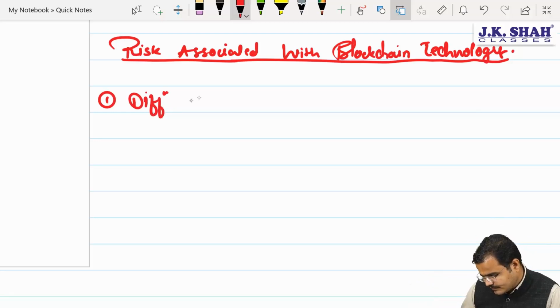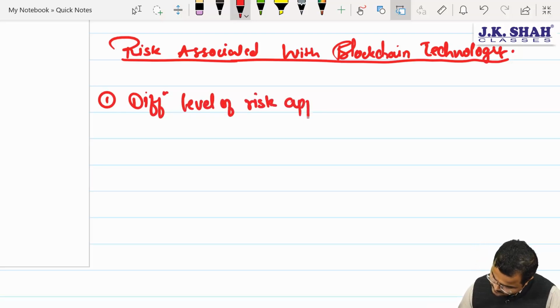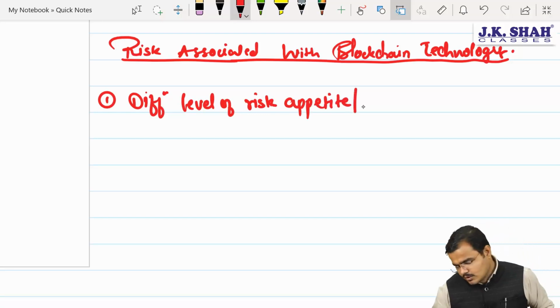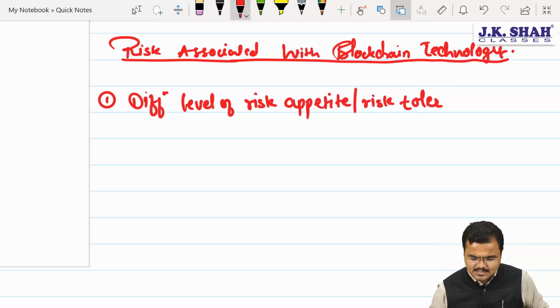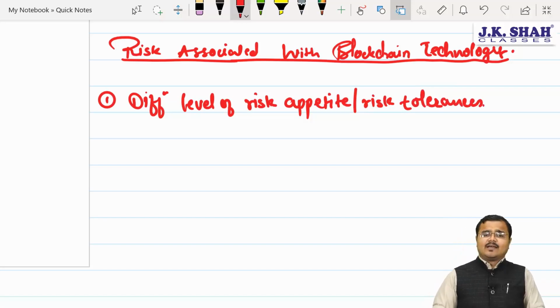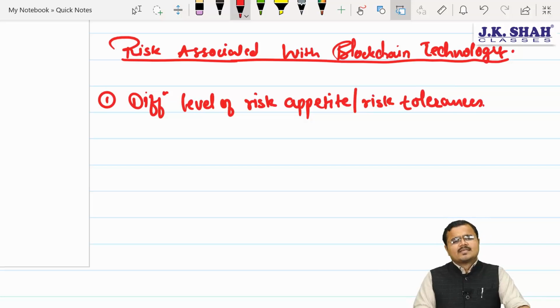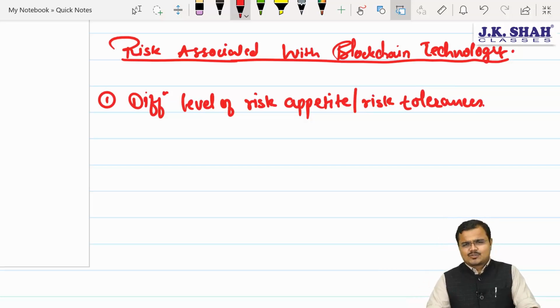Different level of risk appetite, or, chartered, we always call it risk tolerance. Correct, chartered? Yes sir, it's risk tolerance. So, chartered, every organization has what? Sir, different types of risk appetite and risk tolerance levels.